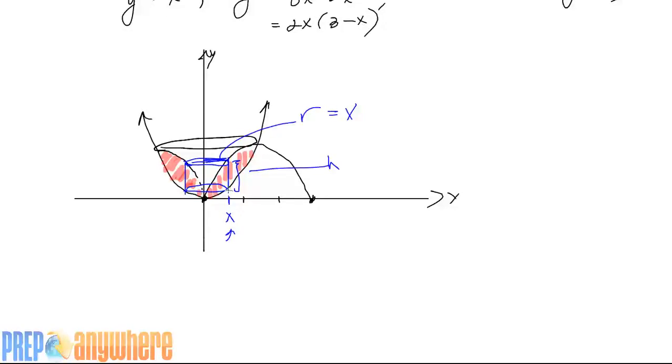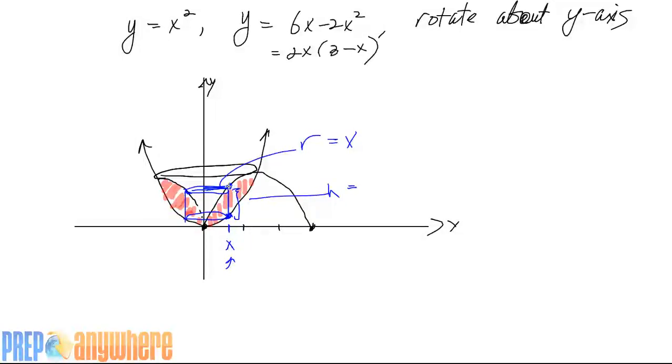The radius of the cylinder is equivalent to that x coordinate. What about the height? Height is the y coordinate of that function, the parabola on top, subtracted by the y coordinate of the parabola on the bottom. True?